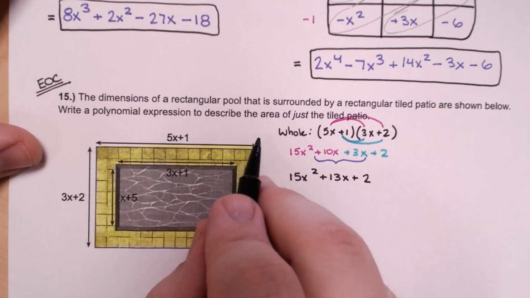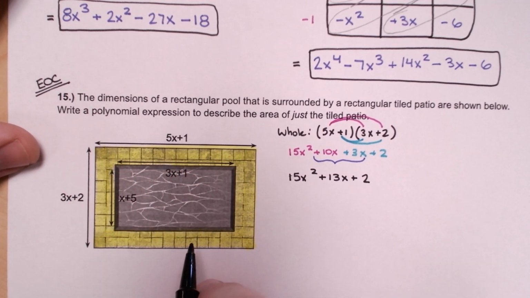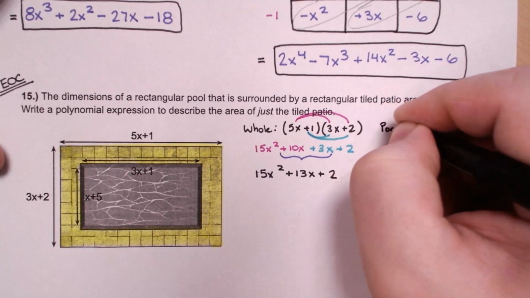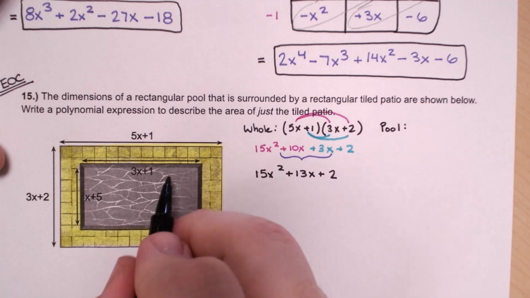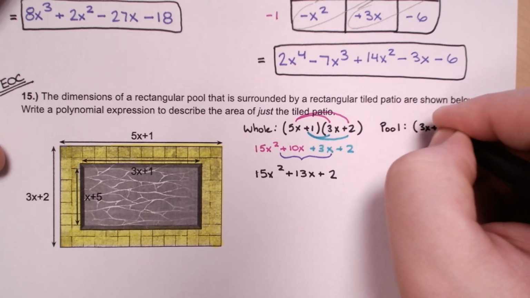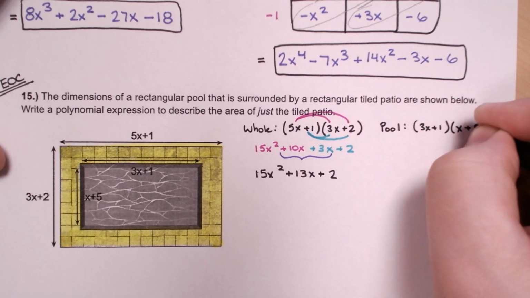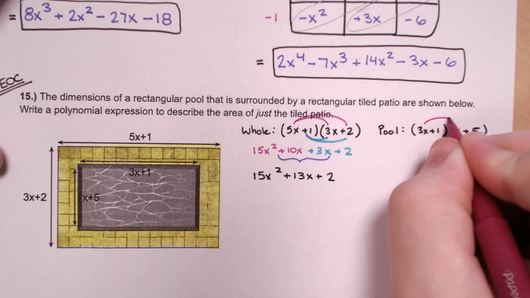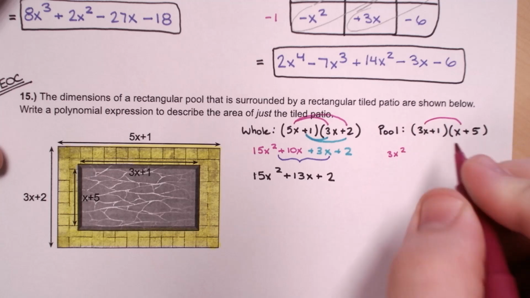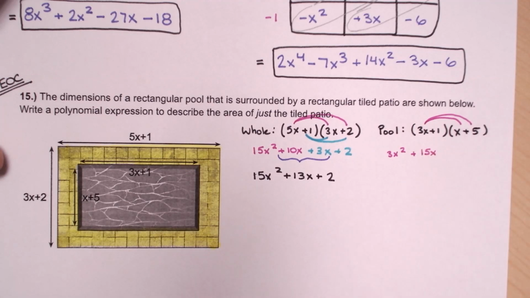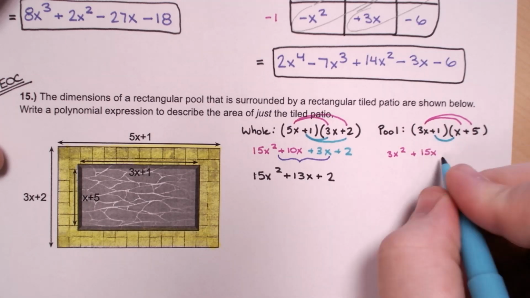That's the area of the pool and the tiles. So the next thing I need to do is figure out the area of the pool. Well, the area of the pool is 3x plus 1 times x plus 5. So let's double distribute that to figure out a polynomial expression for the area of the pool. 3x times x is 3x squared. 3x times 5 is 15x. 1 times x is 1x.